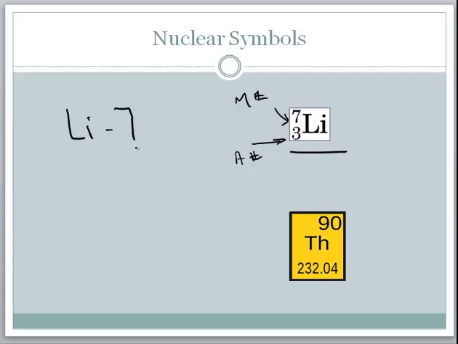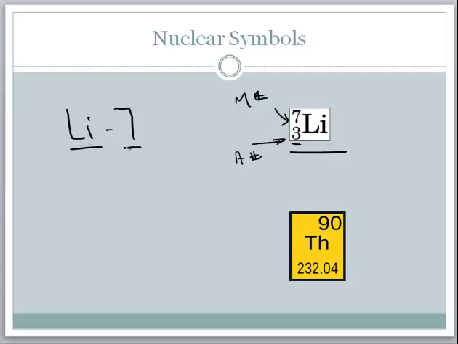Lithium 7 is what we call this. The reason we don't write the 3 there is because lithium always has an atomic number of 3. Like we said, the atomic number identifies the atom. So if we say lithium, we automatically know we're talking about something with 3 protons. And I'll show you how you're going to identify that off the periodic table.